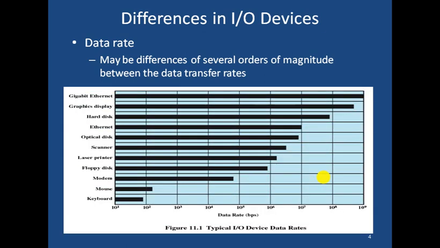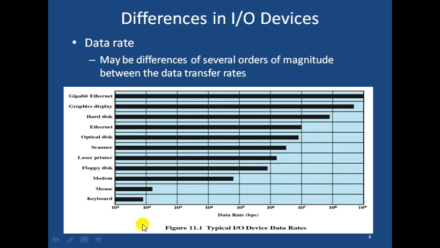So in this figure, the x-axis has data rate in bits per second, 10 power 1, 10 power 2, 10 power 3, like that. On the y-axis we have different devices: keyboard, mouse, modem, floppy disk, up to gigabit Ethernet.